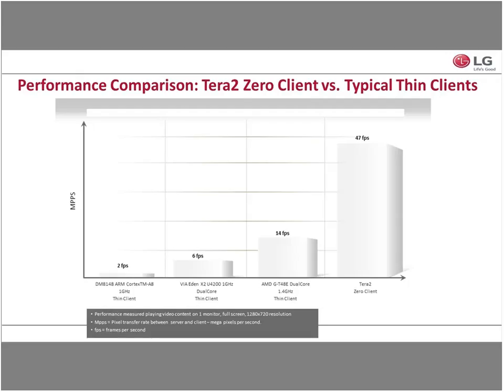To make a long story short, whether you're repurposing a PC or using a standard thin client, you're typically going to see somewhere between 2 and, say, 14 frames per second. With a dedicated zero client, because it only has one function, really, you're going to get up to 47 frames per second. This means your AutoCAD, your medical imaging, everything else is going to run way faster.